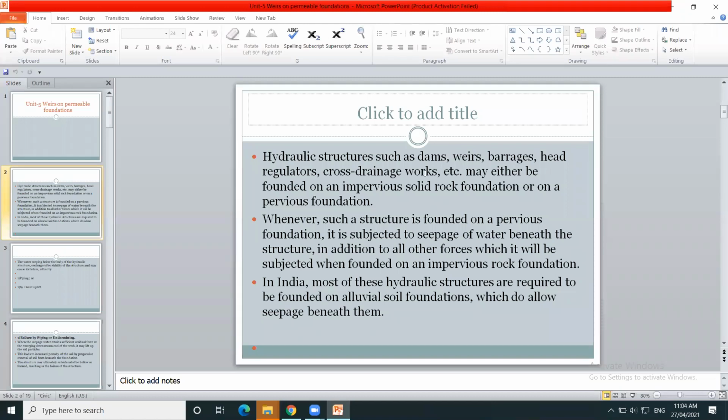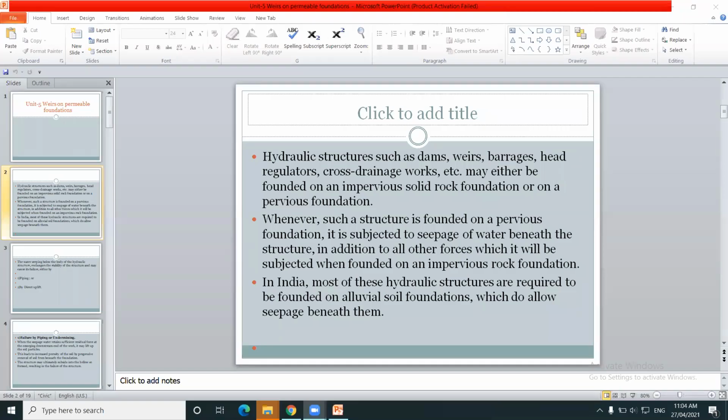Hydraulic structures are dams, weirs, barrages, head regulators, cross drainage works, etc. These hydraulic structures are founded on impervious solid rock foundation or on pervious foundation.